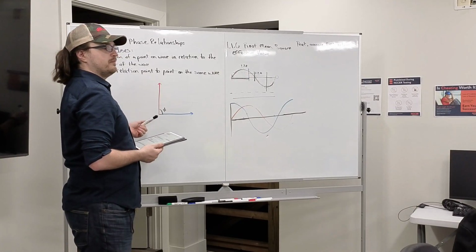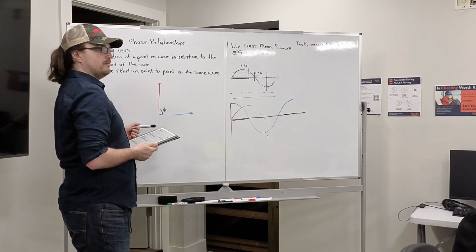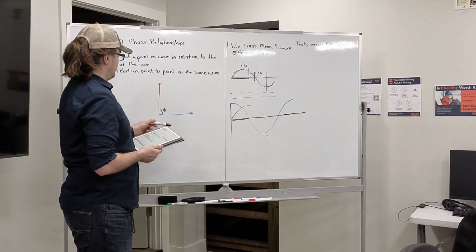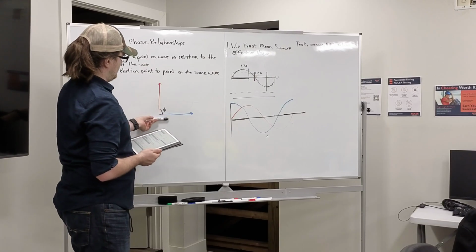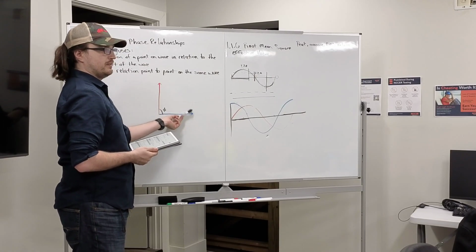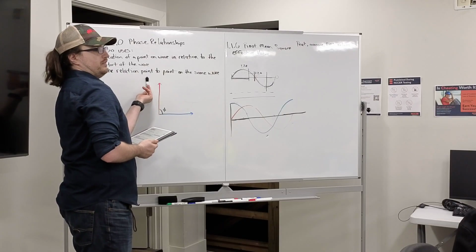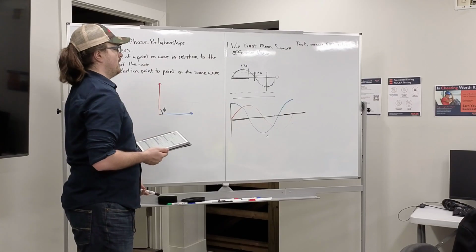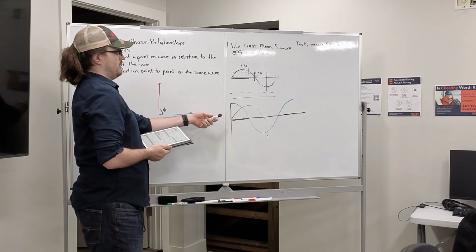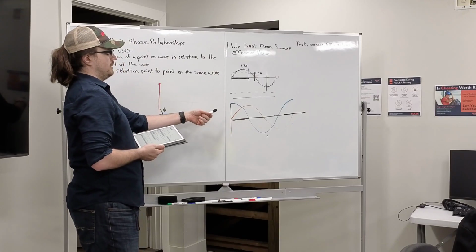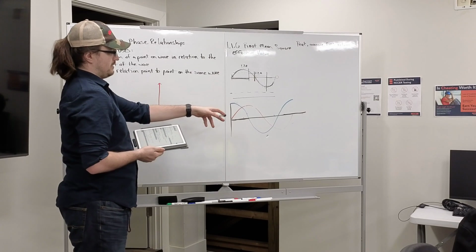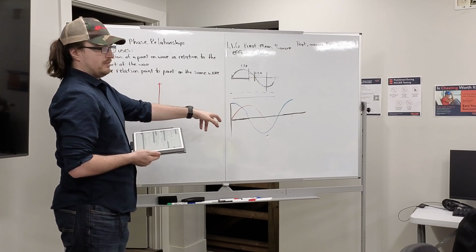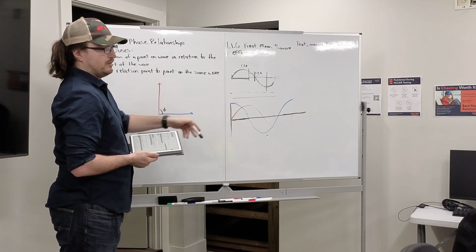Think back to the generator. So the flux, this is the motion of a conductor. Imagine that instead of current and voltage, you think of this as two phases of voltage.